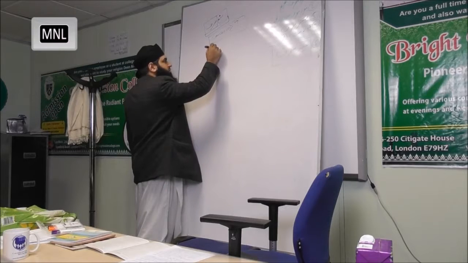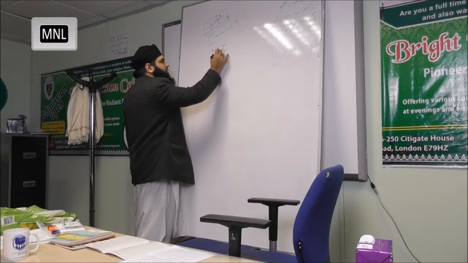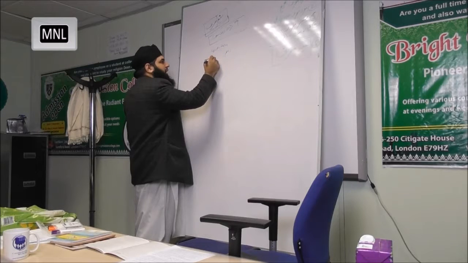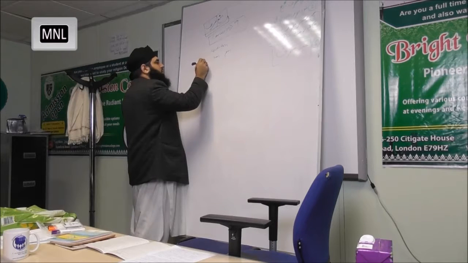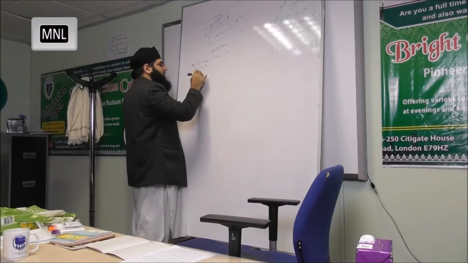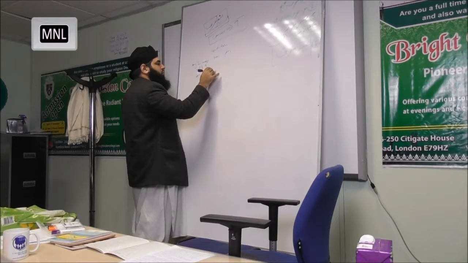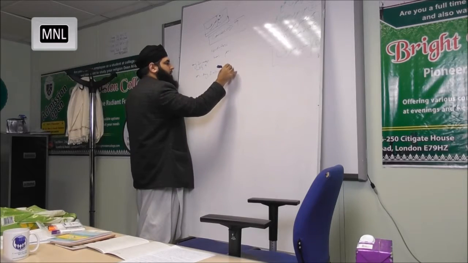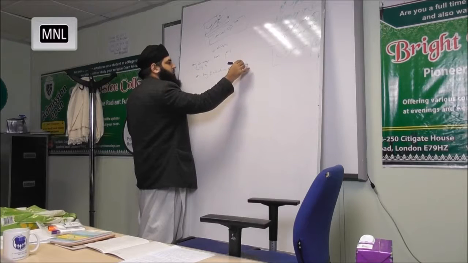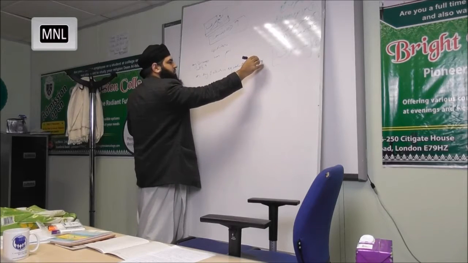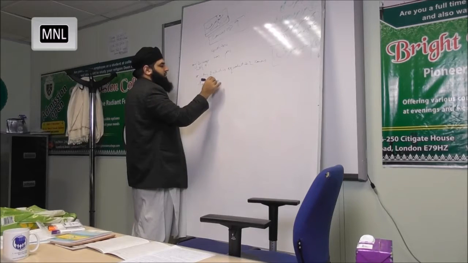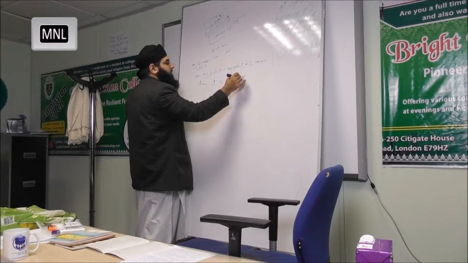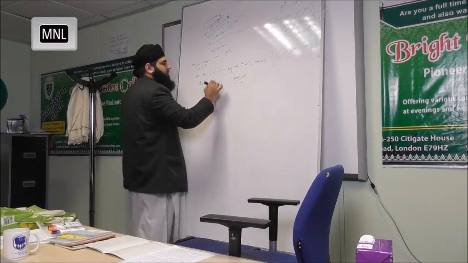But the condition is, if an ism has any 2 causes out of 9, or any one which is equivalent to 2 causes, then it is ghair munsarif.